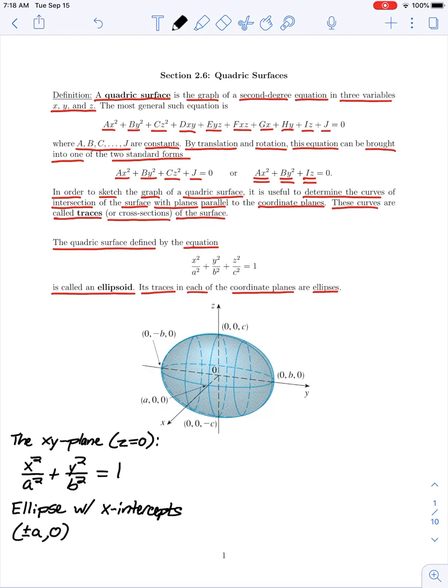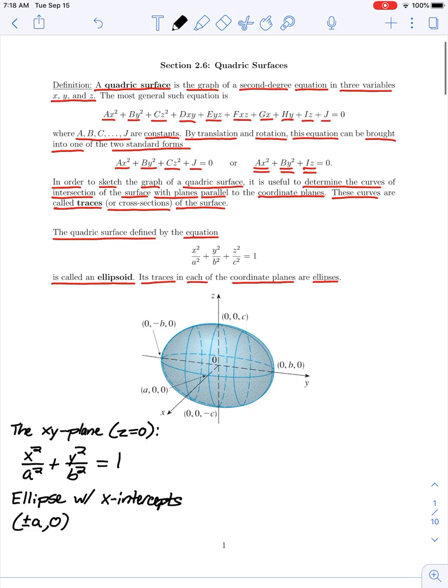To find the x-intercepts of this ellipse in the xy plane, we would set y equal to 0 in the equation for this ellipse. It follows that x squared is equal to a squared, so x could be plus or minus a. And then we would have y-intercepts given by 0 plus or minus b.